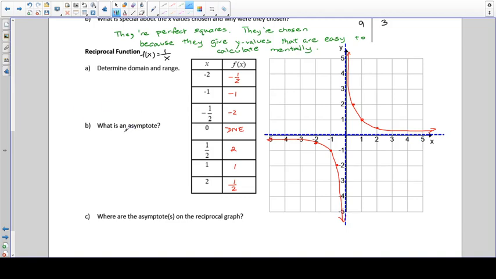Okay, we have touched on this before. Essentially, asymptotes are imaginary lines that the graph or the function does not pass through.